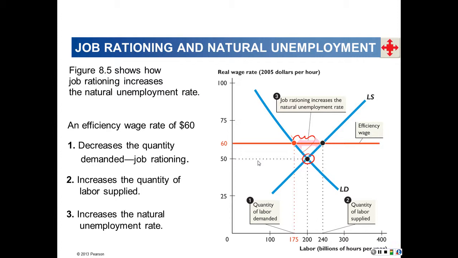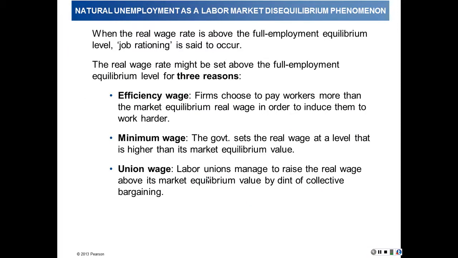Now what factors might cause the wage to not fall all the way down to $50? What would prevent the wage from falling to its equilibrium value? And here are these factors. I'm going to start with the bottommost factor, union wage. Now, there was a time when labor unions were very powerful in the US. They're not so powerful now, but there was a time when labor unions were exceedingly powerful.